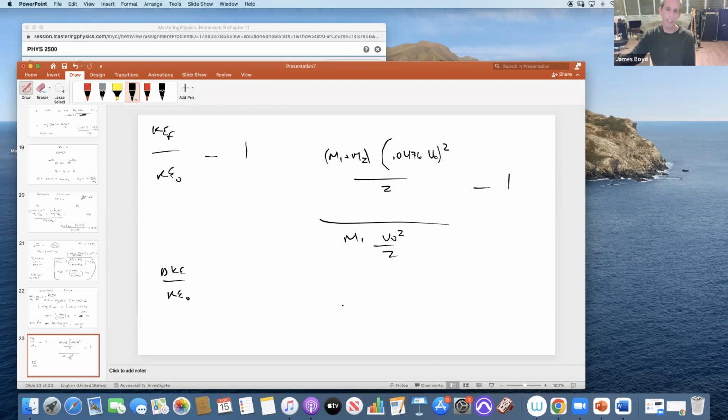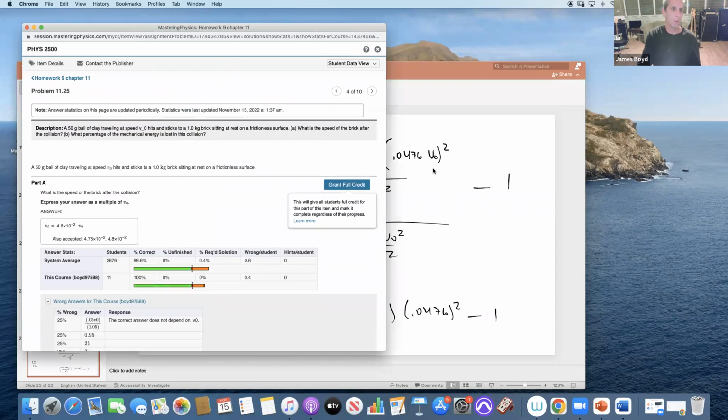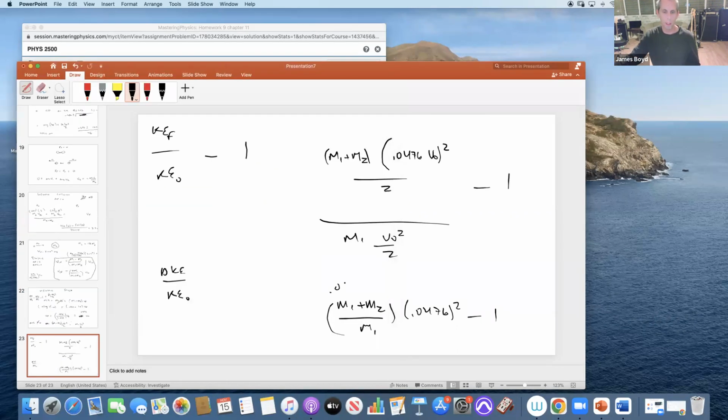The V naughts go away, and what I get is M1 plus M2 over M1. The 2s cancel. The V naught squares cancel, times 0.0476 squared minus 1. M1 was 0.05, right? So this is 1.05 divided by 0.05 times 0.0476 times 0.0476 minus 1, which is 0.9524.